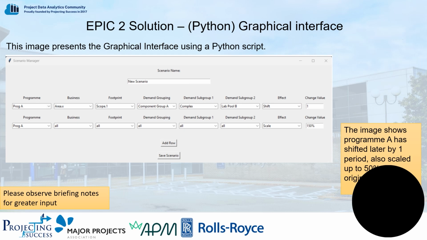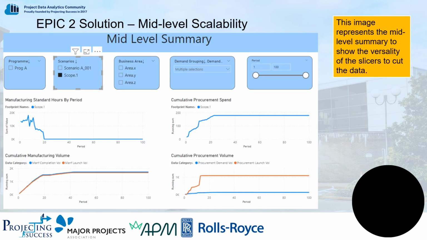For Epic 2, we created a Python graphical interface. This will enable a user to input scenario-based data metrics, and this will then be presented through a CSV file, be captured, and then be inputted onto a Power BI dashboard.